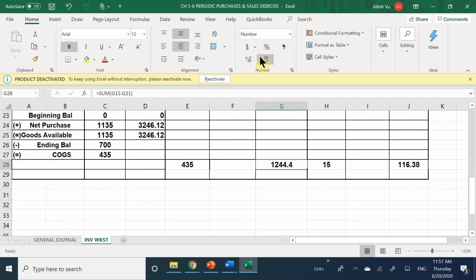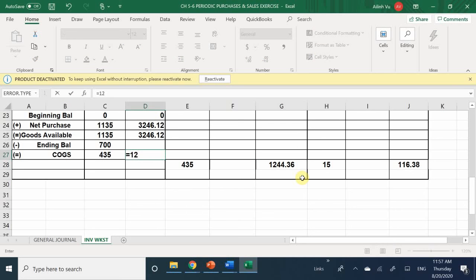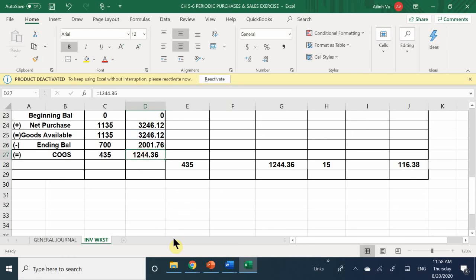All right. Oops, one more. So 1244.36. And in this case, if my answer here is 1244.36, what is my total ending balance? 2,001.76. Good.